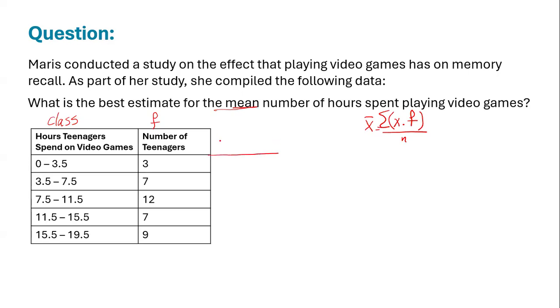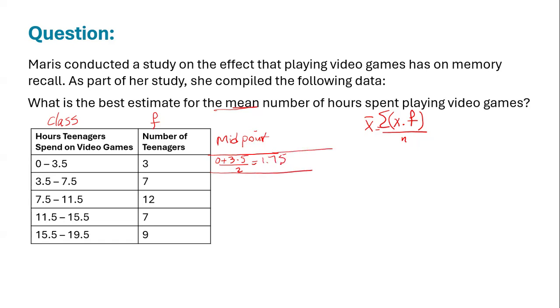So what do I do? I find the midpoint first. To find the midpoint, we just need to add the lower class limit and the upper class limit and then divide it by 2. If I add 0 plus 3.5 and then divide it by 2, it gives me 1.75.